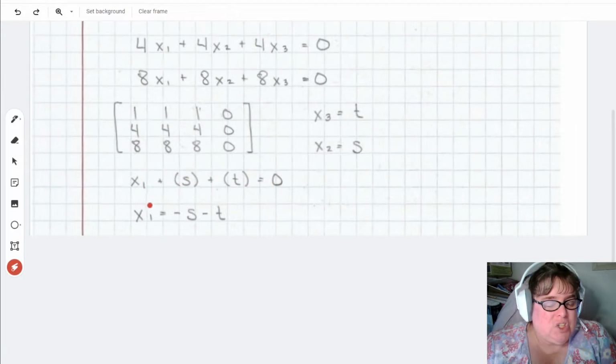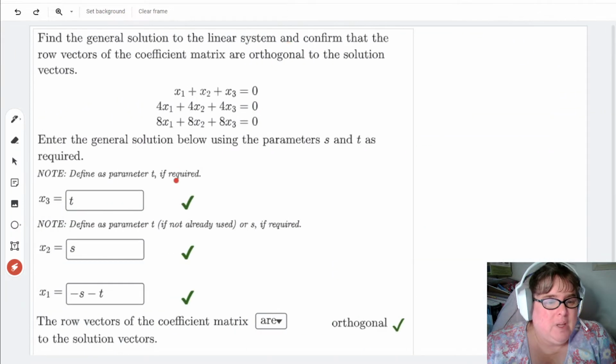That allows us to solve for x sub 1. It ends up being negative s minus t, with x sub 2 equal to s and x sub 3 equal to t. And we'll see that these solutions are correct. Now, are they orthogonal?